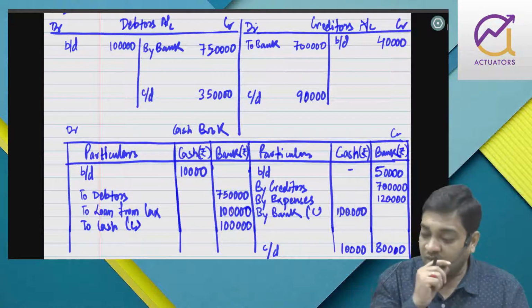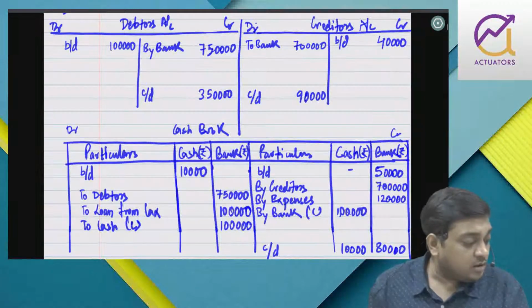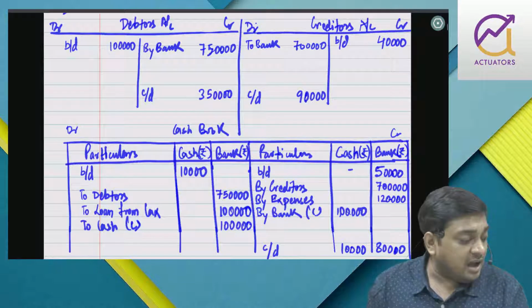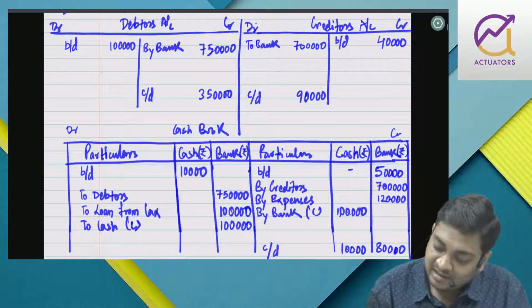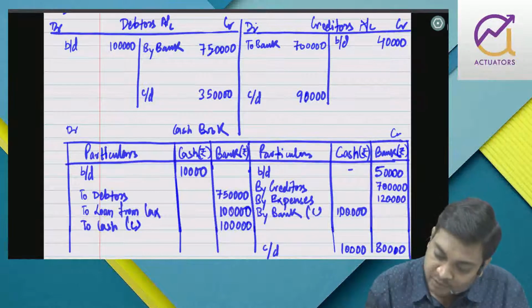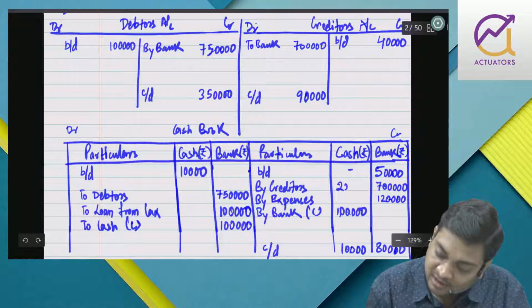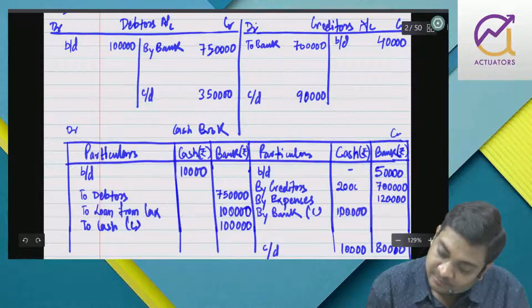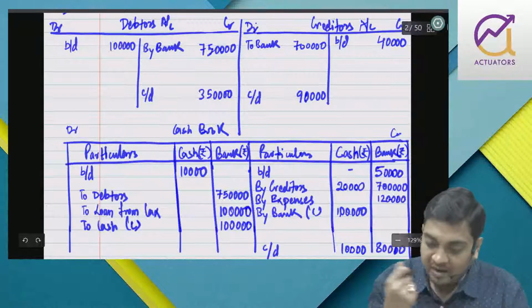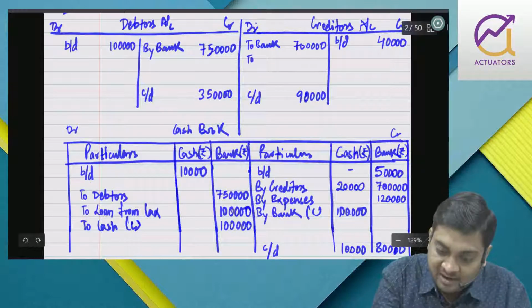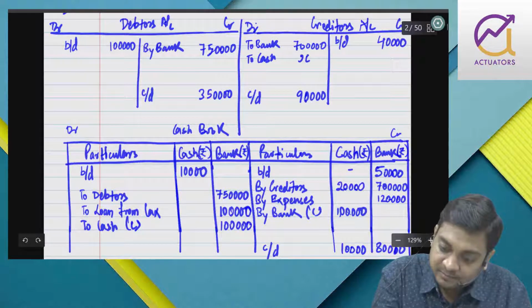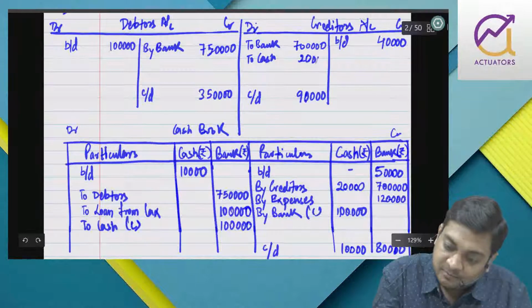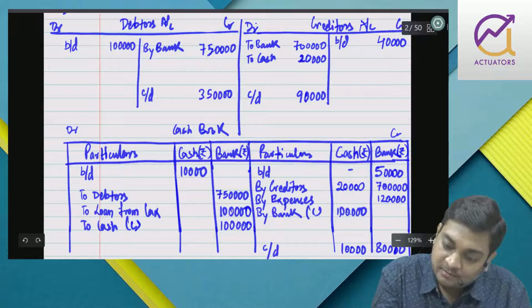Right? Now he informs you that he paid creditors for goods in cash 20,000. So already I have shown by creditor 7 lakh in bank. So here I will show 20,000 in cash column as well. Right? So in creditor I will write to cash as well, 20,000.